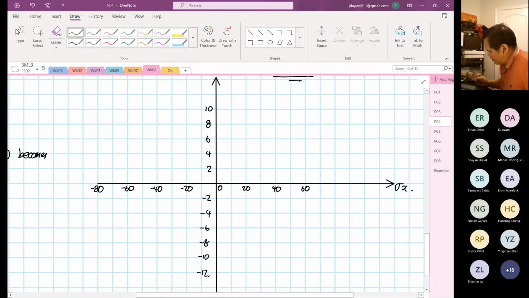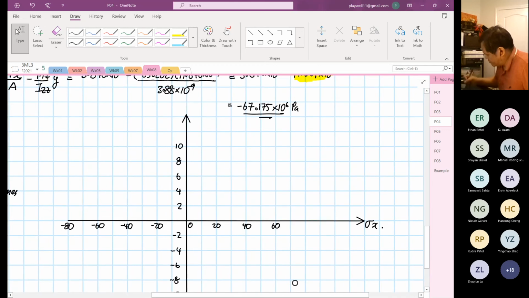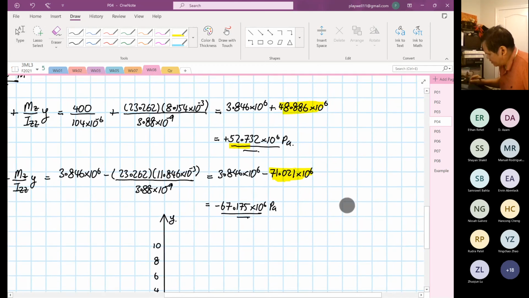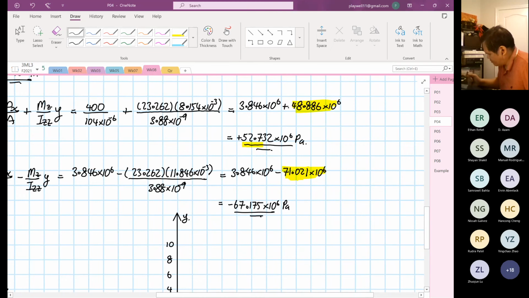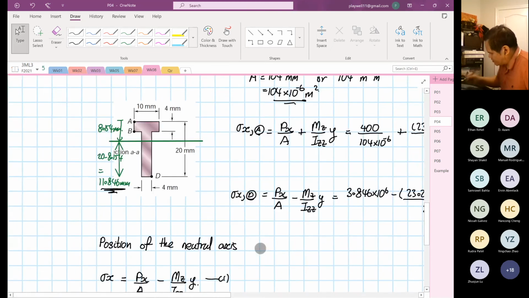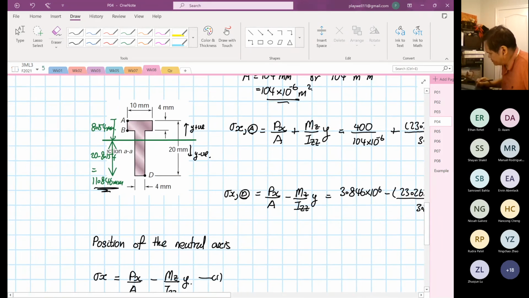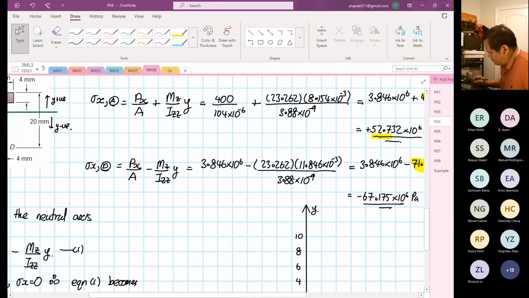This is our y, right? So we know that when it's 8.154, anything up here is y positive, and anything below is y negative.